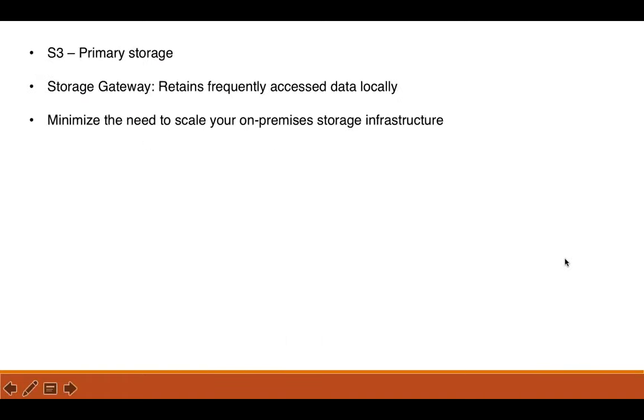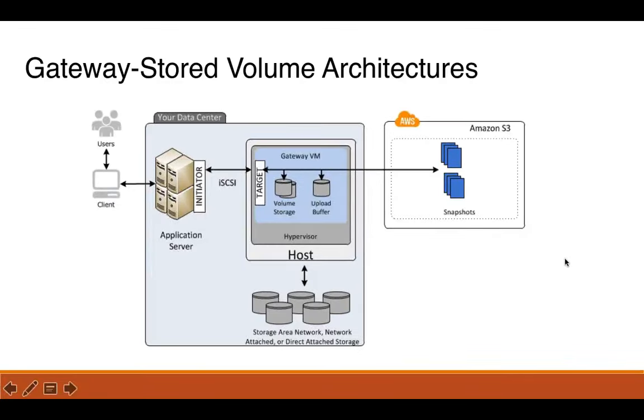So let's move further. We have done the gateway cached volume architecture. The second category is called the gateway stored volume architecture. This is quite opposite to the gateway cached volume architecture. Here, the entire data is retained on physical disk, SAN, NAS, or direct attached storage in your data center.